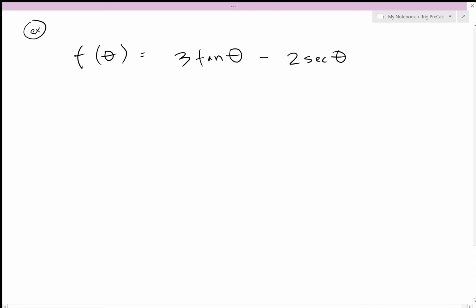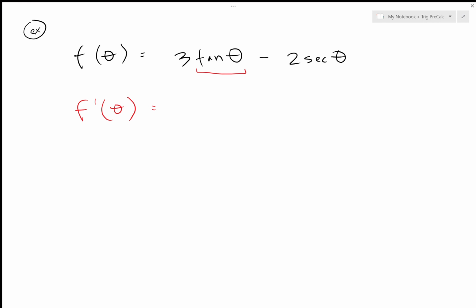Let's try another one. Let's say they gave us f of theta equals 3 tangent theta minus 2 secant theta. So I want to find the derivative. Okay? Tangent. So if I look back to yesterday's rules, the derivative of tangent theta is secant squared theta.